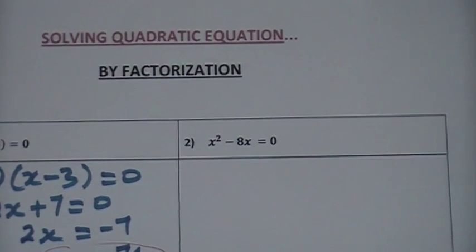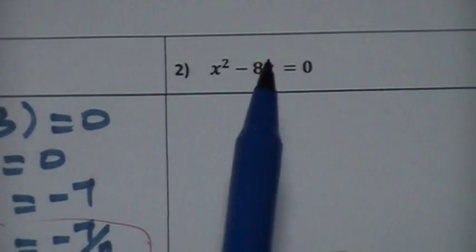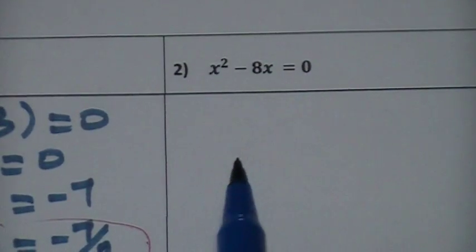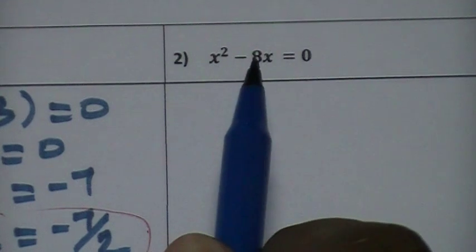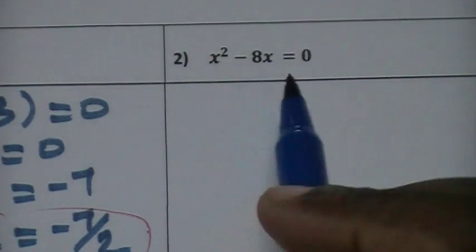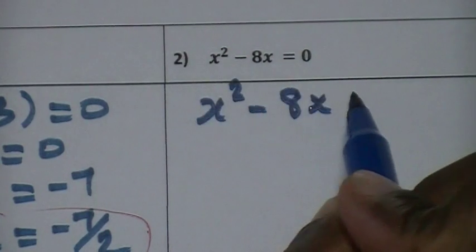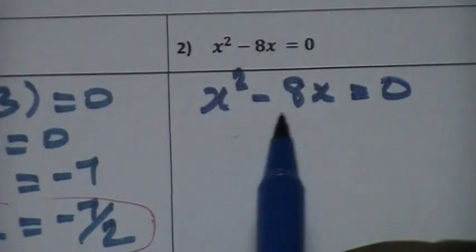For the next one, we have x squared minus 8x equals 0. Now this one has not been factorized, but it's equal to 0. That's the quadratic equation. So what we can do is to bring it as factors by factorizing the left hand side.